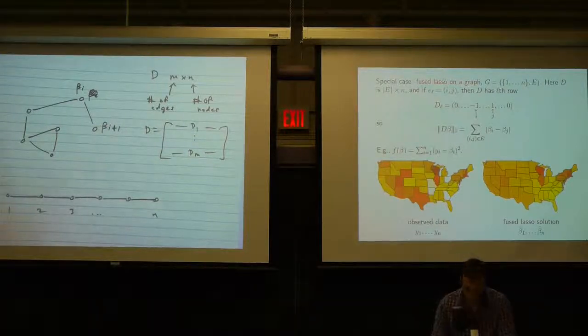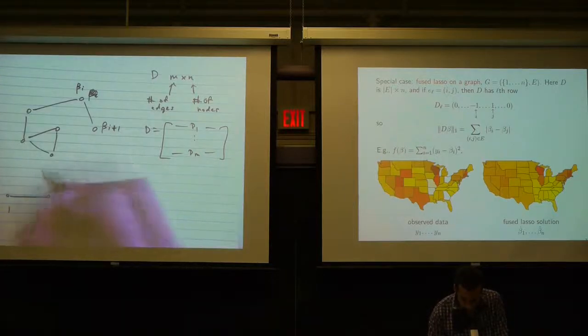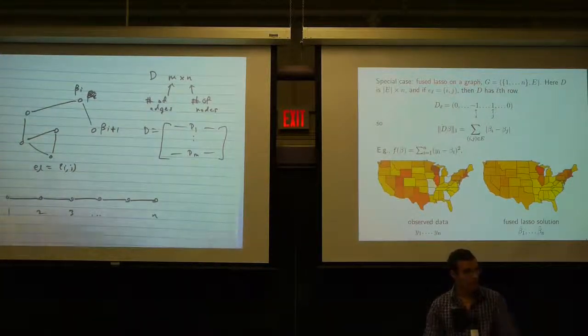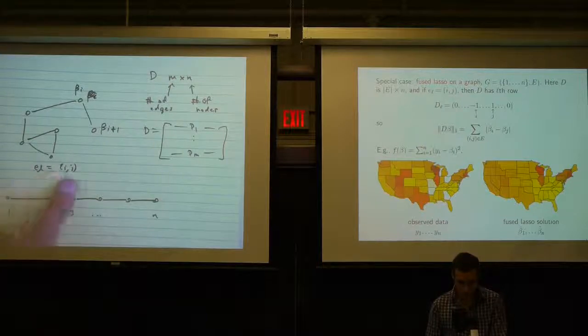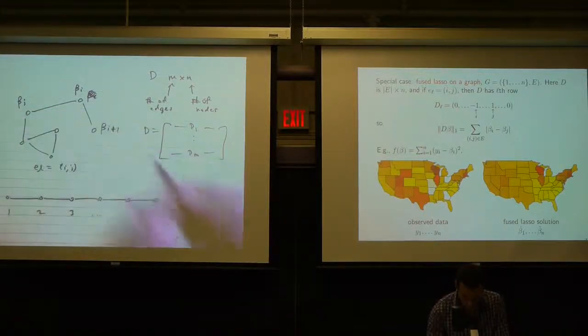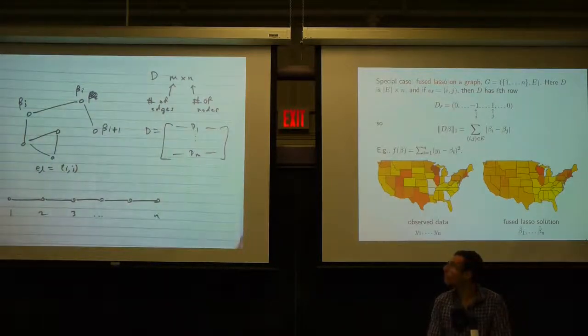So for example, let's suppose the lth edge joins nodes i and j, so this was say beta i and beta j.